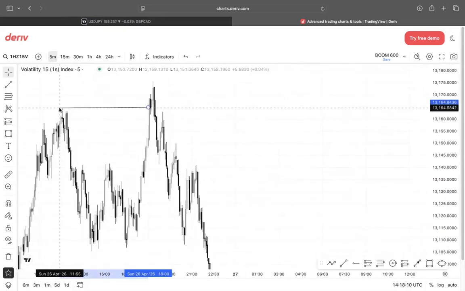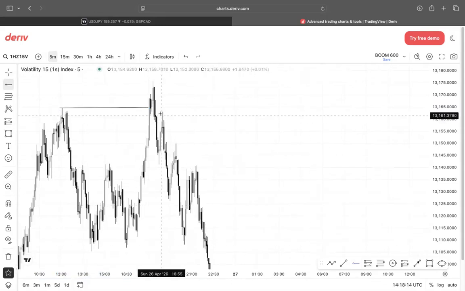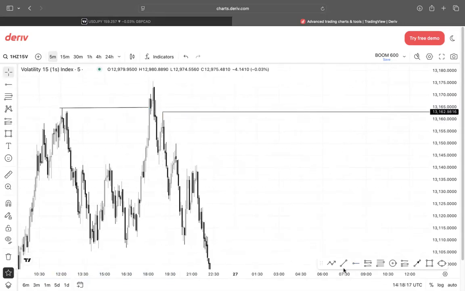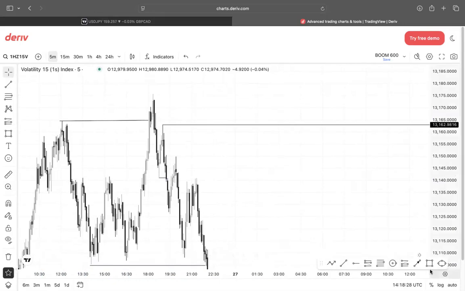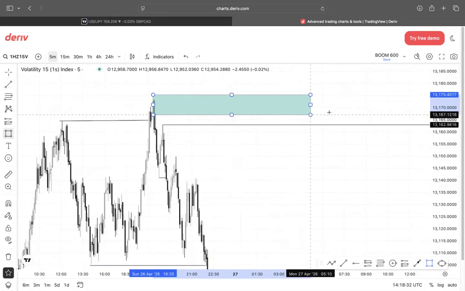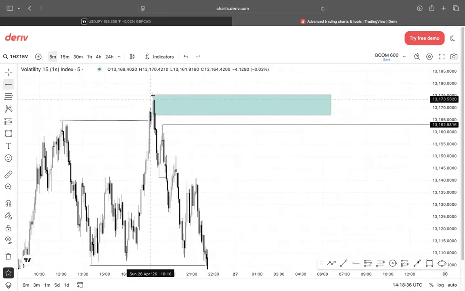We had a sweep here, and then structural liquidity forms first. Price broke structure to the downside before eventually breaking the full structure. So we have our POI to be here, and this becomes our point A.